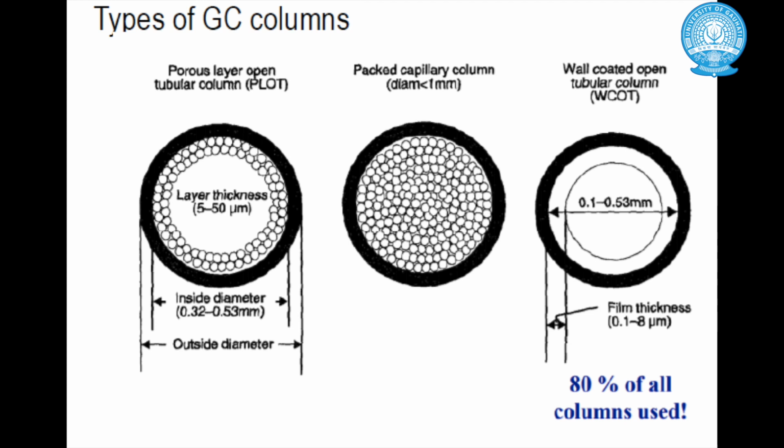So these three types of columns are most preferred. Among these, the wall coated open tubular column is the one which is most commonly used. 80% of all the columns used in GC operations are with this wall coated open tubular column.